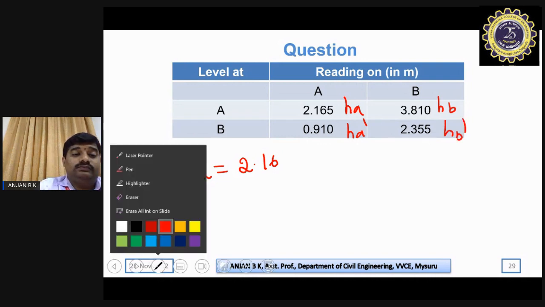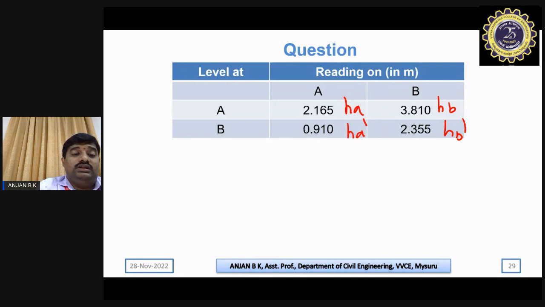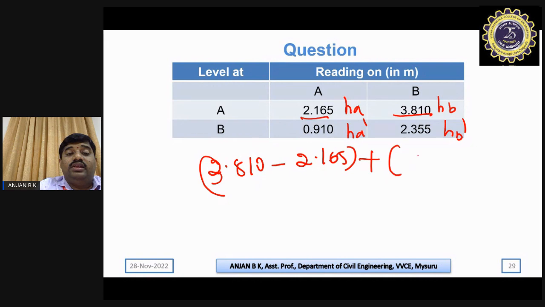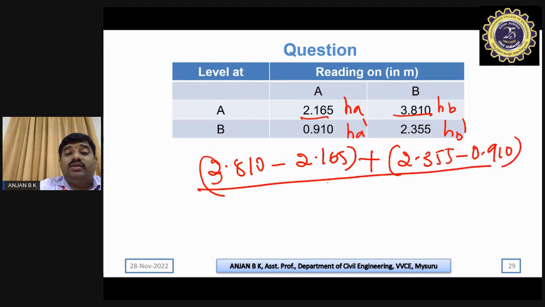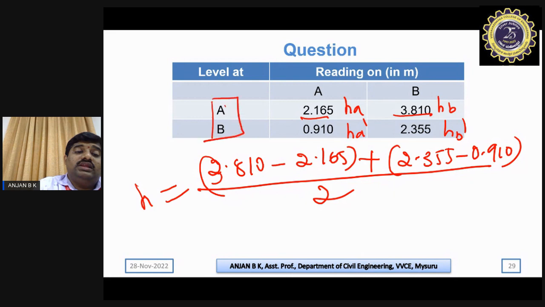So now it becomes, you have to see whichever has more value, from that you deduct the lesser one: 3.81 minus 2.165 plus 2.355 minus 2.14, whole divided by 2. So this will give you the true elevation or the difference in elevation between points A and B.